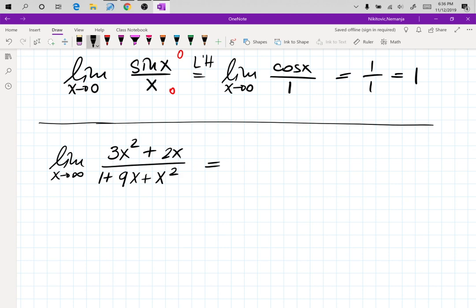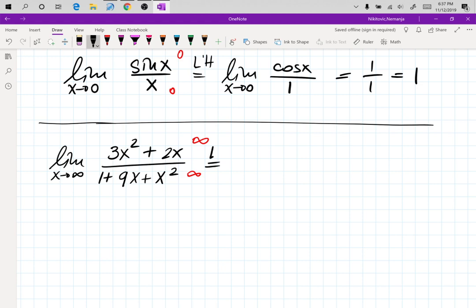The boss way is to use L'Hopital's rule. So what do we do with L'Hopital's rule? You plug in infinity, and you quickly realize that this is infinity divided by infinity, which means we have an indeterminate form. Indeterminate form means infinity over infinity, and we can use L'Hopital's rule.